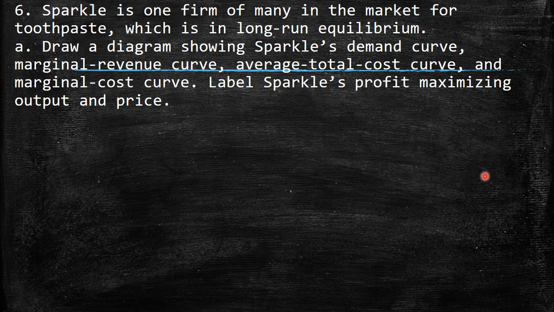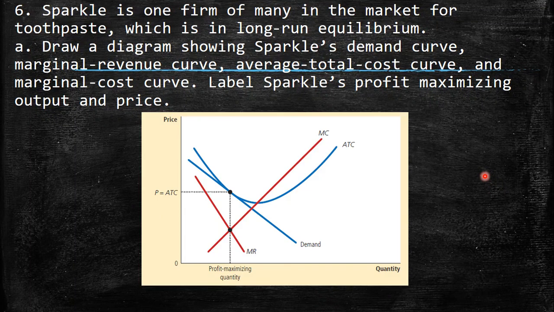So the idea is that we need to draw a diagram showing Sparkle's demand curve, marginal revenue curve, average total cost curve, and marginal cost curve. We need to label Sparkle's profit maximizing output and price. So here we have all the graphs, so we need to understand it.